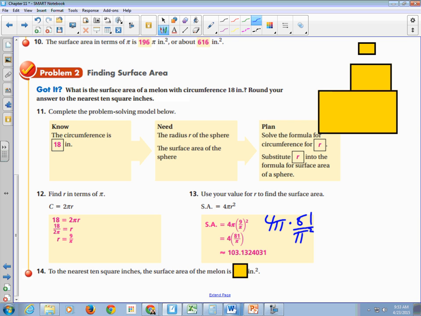So I have pi over pi squared. That reduces down to just a pi, so that's why this pi stays. And I get 4 times 81 divided by pi. When I chug that into my calculator, we get 103.132. So to the nearest 10 square inches, the surface area of the melon is 100 square inches.